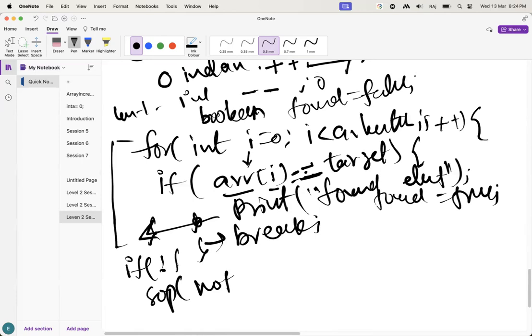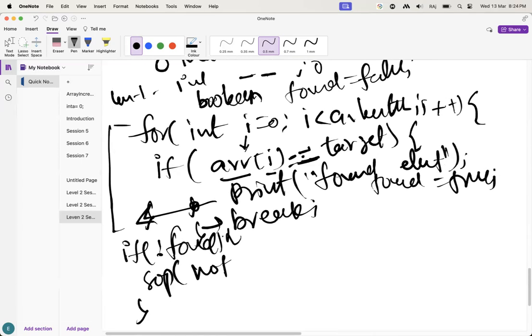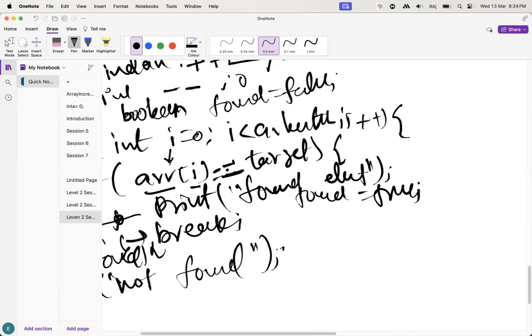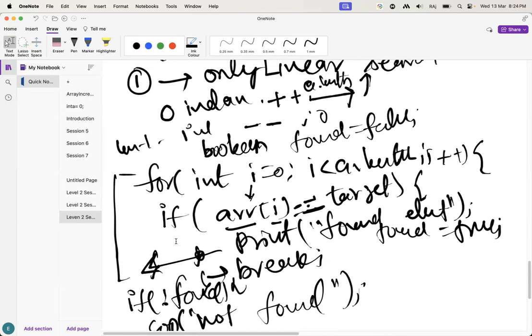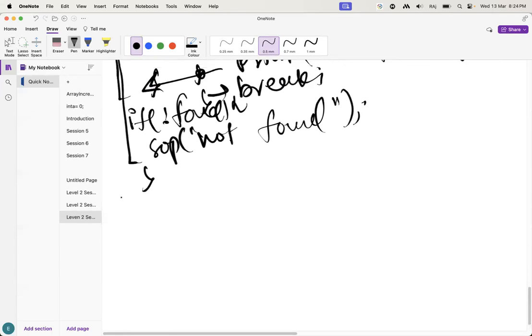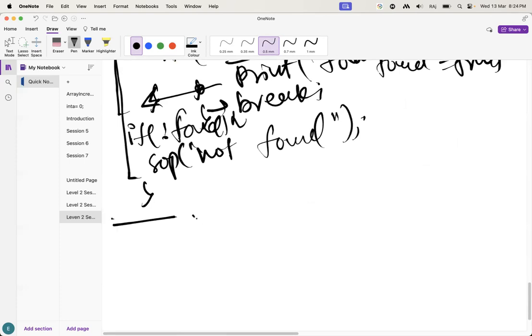If it is still false, that means we didn't find the element. Guys, this is the linear search. I hope everybody knows. Please let me know if you didn't, and I will explain this again.